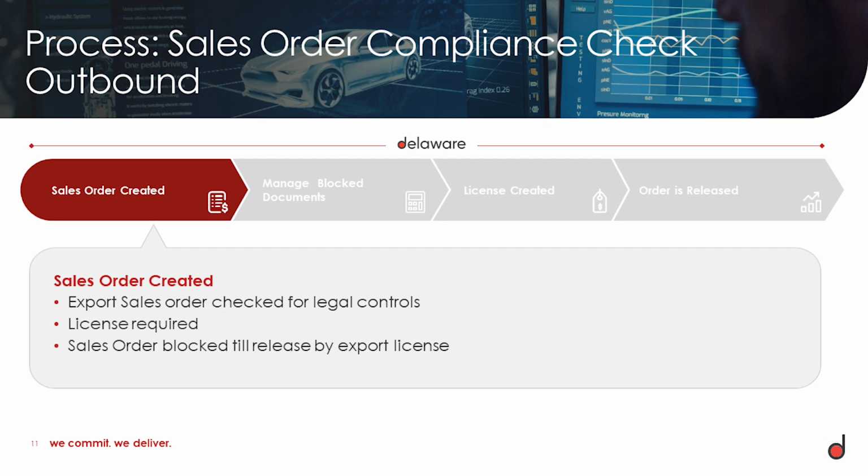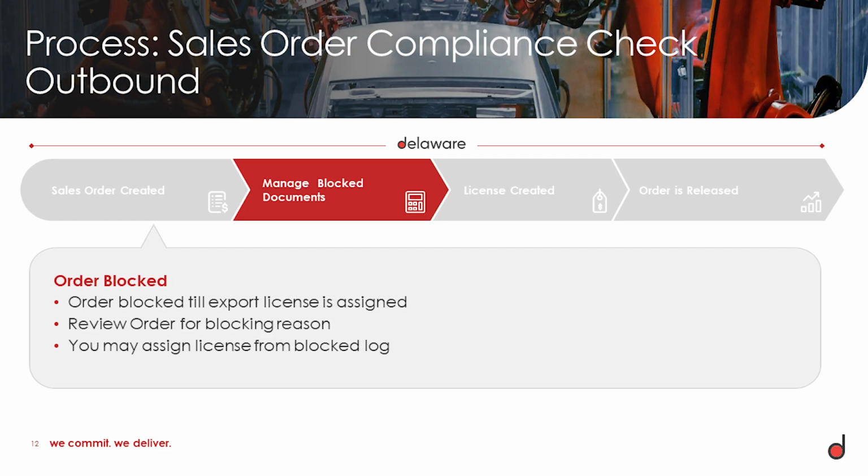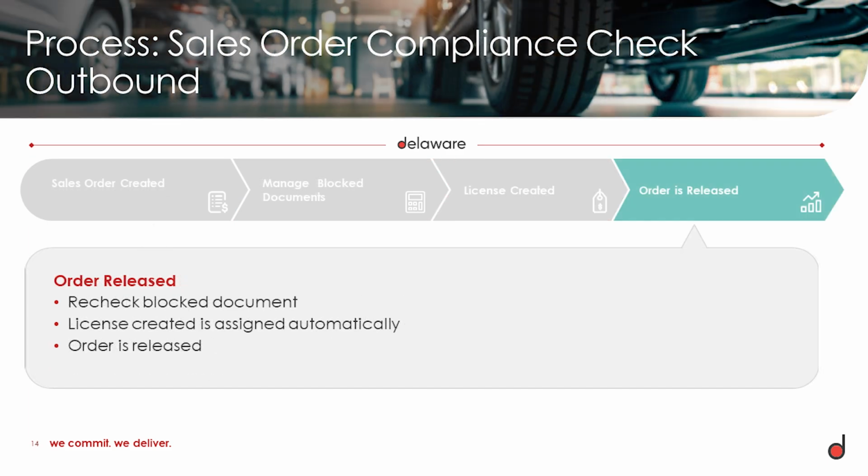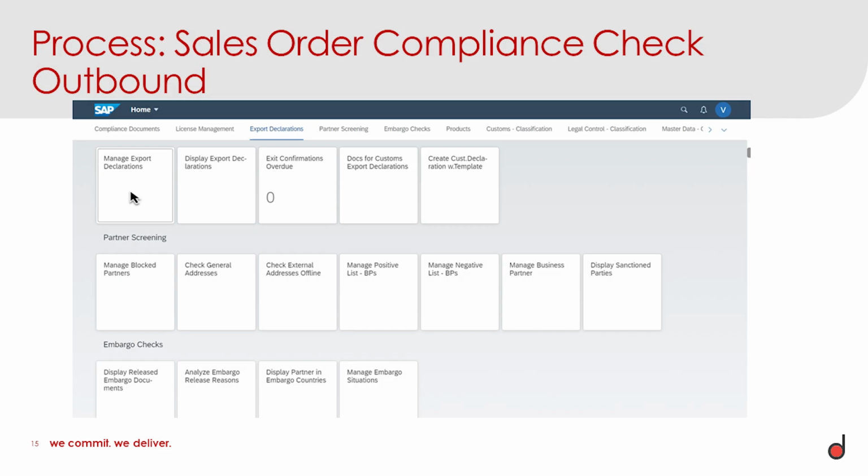We're going to start with the sales order that's created and look at the license types needed. We're going to manage an order block in the Manage Blocked Documents Fiori tile, select a license type associated with the block, and then release the order block. Now I'm going to turn it over to Jeff to show you what it looks like in the system.